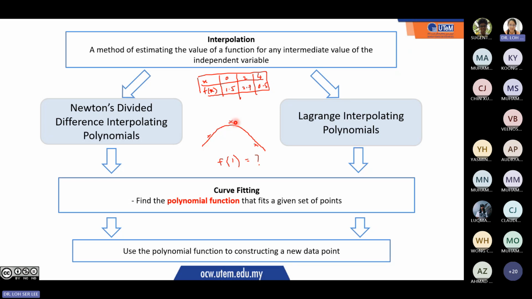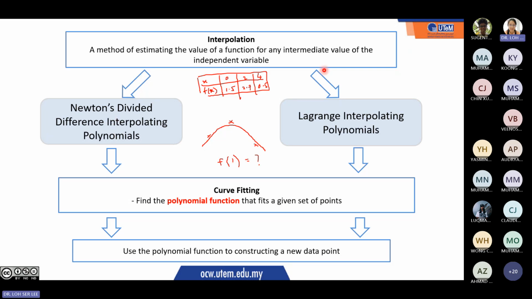After you estimate and get the polynomial function, we can estimate the f value for the values in between all these x. You can estimate at 0.1, 0.5, or 1.5. All these are intermediate values of the independent variable.